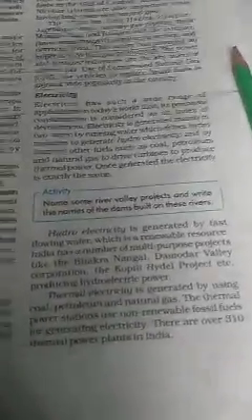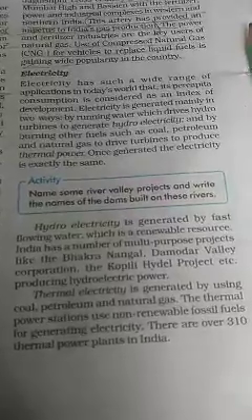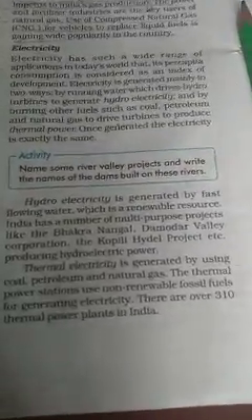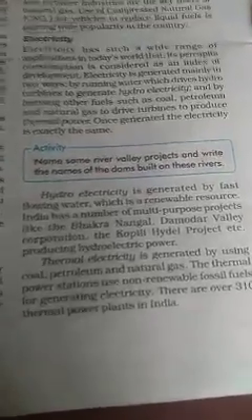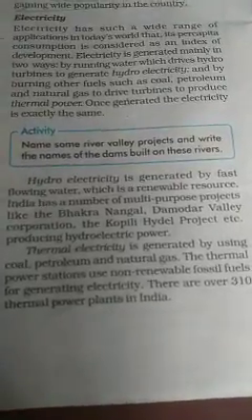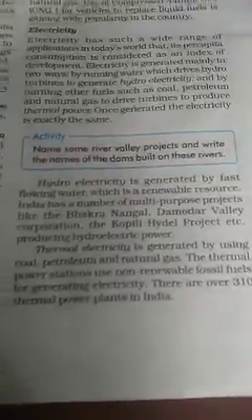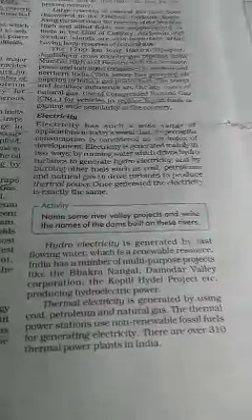Now we come to the third source of energy, that is electricity. Electricity is generated by two methods: hydroelectricity and thermal electricity. Both are conventional resources. Hydro projects use a renewable resource, and thermal energy uses coal and petroleum, and is mainly found in regions where we have coal deposits.